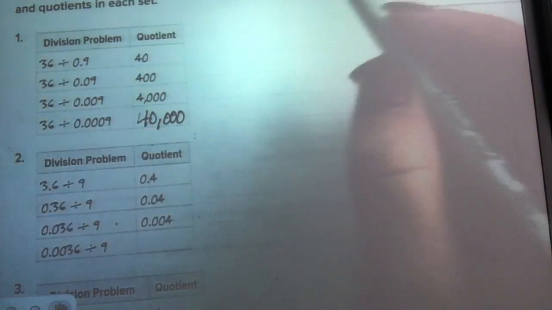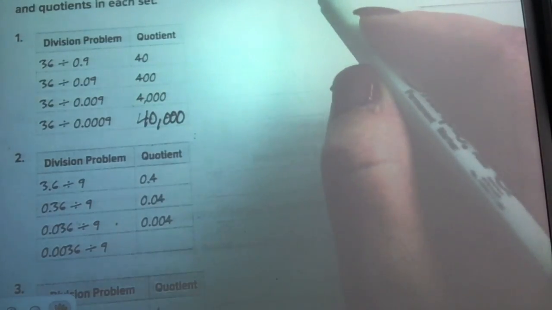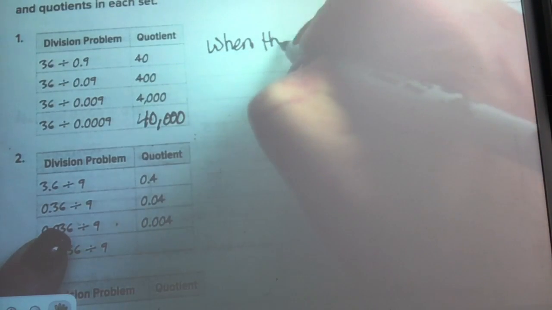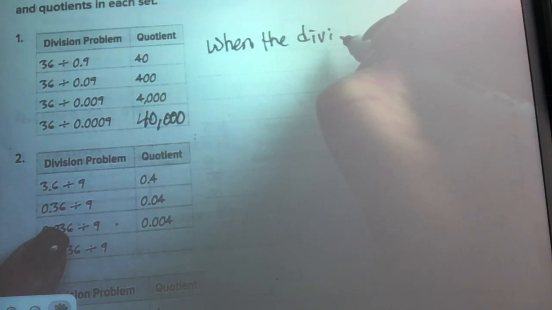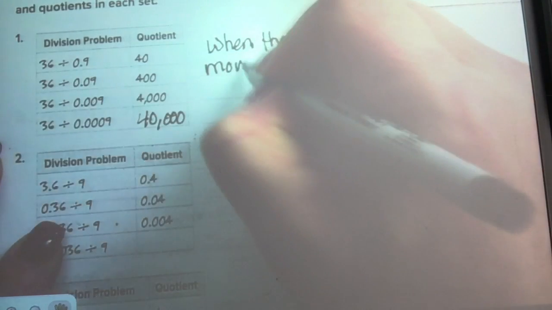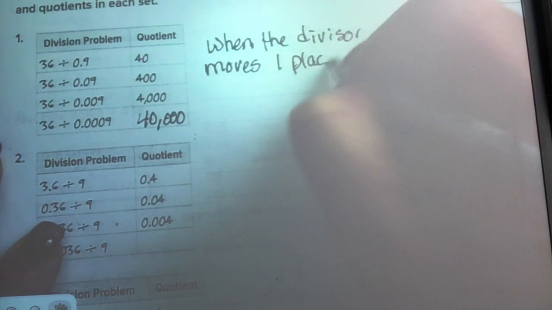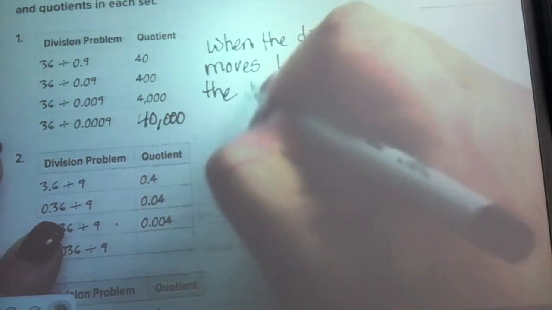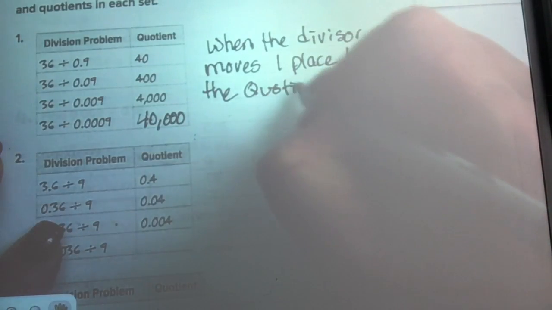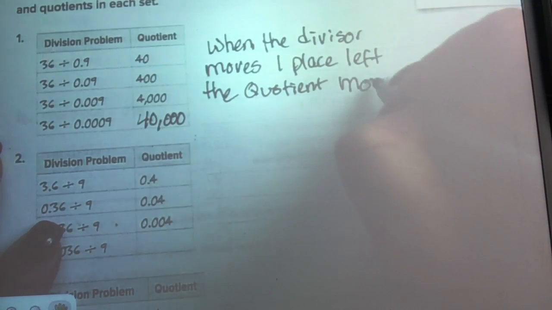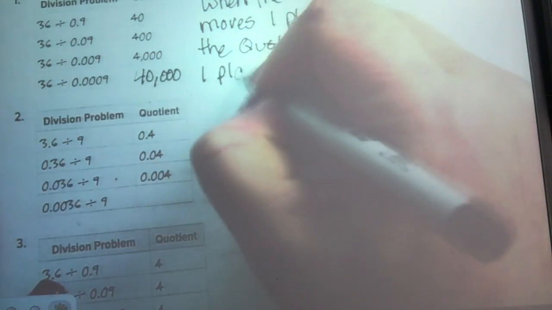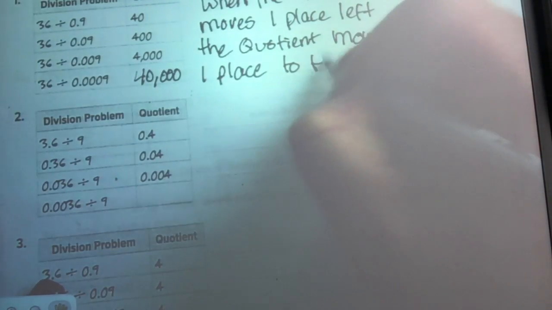Good. So each time the divisor moves one place to the left, the quotient moves one place to the right.